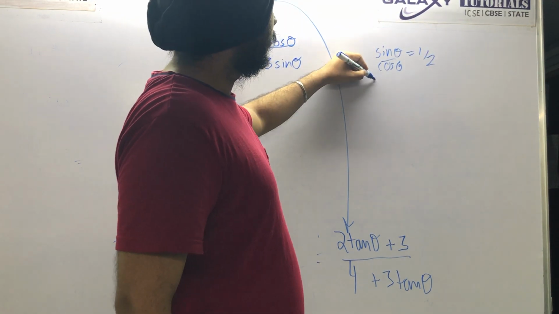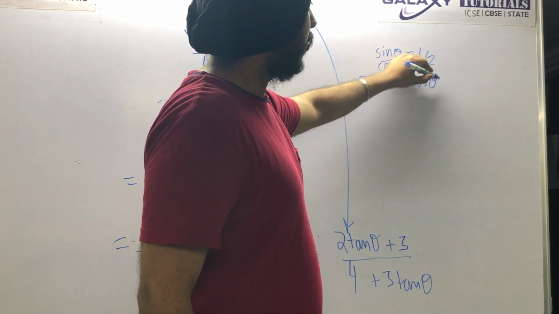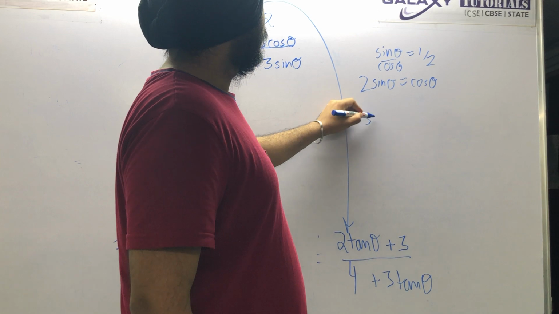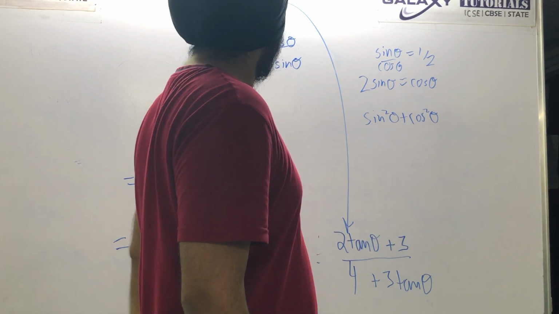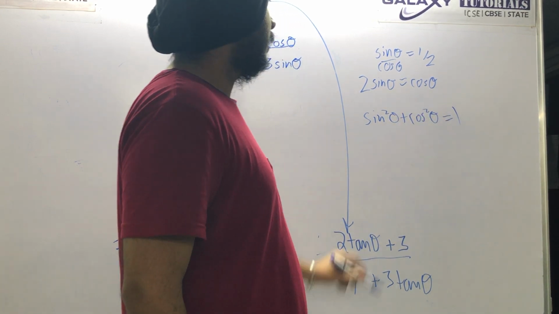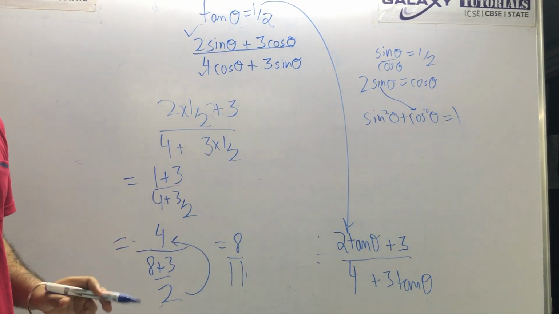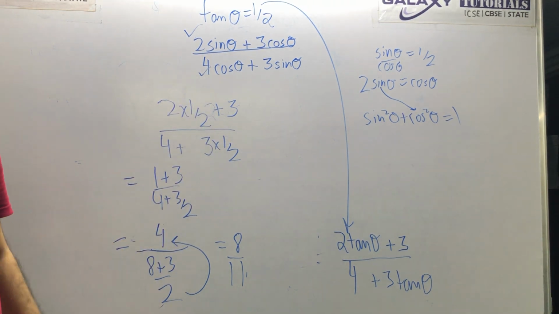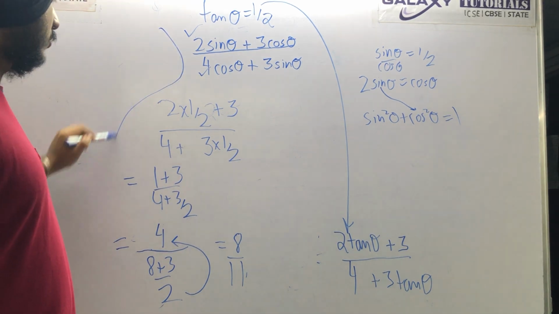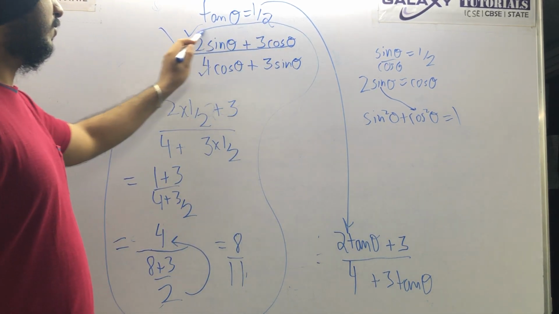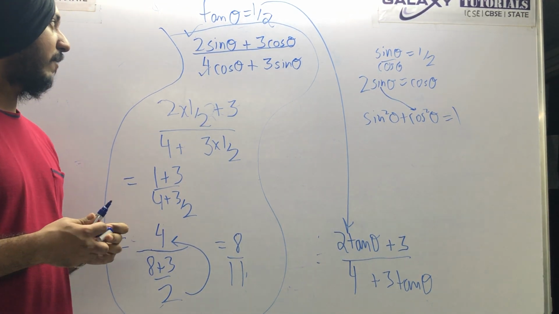So cos theta is equal to 2 sin theta, and then you know sin square theta plus cos square theta is equal to 1, and you can substitute the value of cos as 2 sin theta. But this is a bit long method and a little bit complicated, but technically to understand this it's a little bit easier. So you can use this method, it's up to you, but I would prefer if you could just use this method. This is much easier and simpler. Only you have to use one simple trick, nothing special in this. So if I were you, I would use this method.